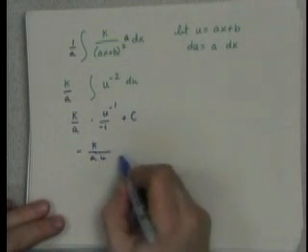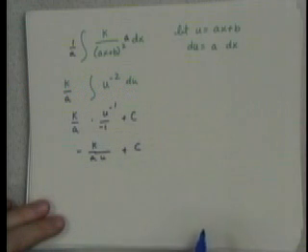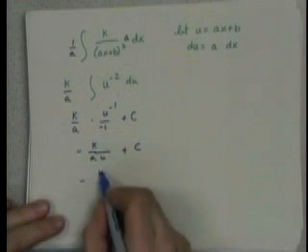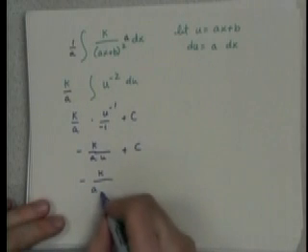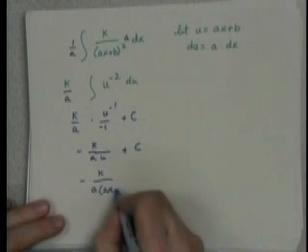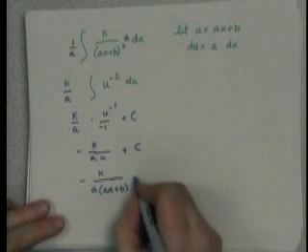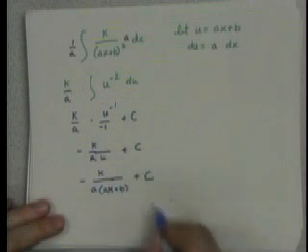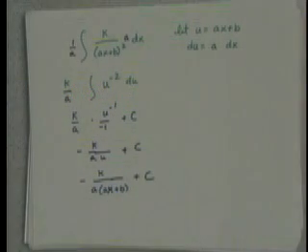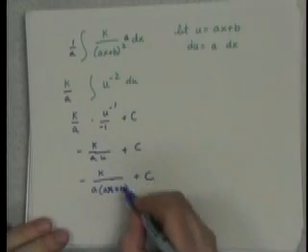Well, I guess I'll do one more step. Negative k over a u plus c, which is negative k over a, and u was ax plus b.